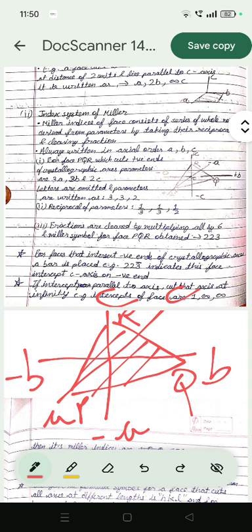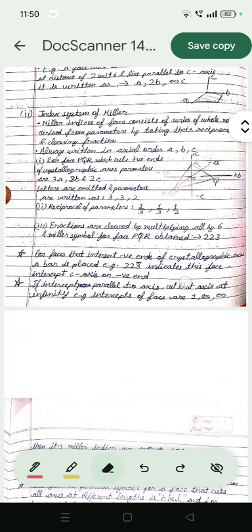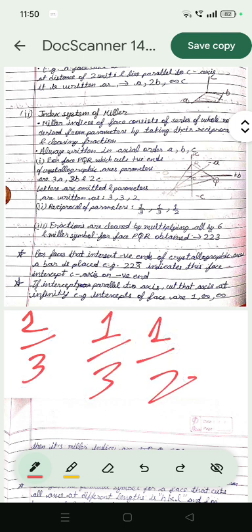So for converting it into Miller indices, first the letters are omitted and the parameters are written as 3, 3, 2. Then we take the reciprocal of these parameters: 1 by 3, 1 by 3, 1 by 2. Then fractions are cleared by taking the LCM, which in this case is 6. Fractions are cleared now, and we get the Miller symbol for the face PQR, which is 223.